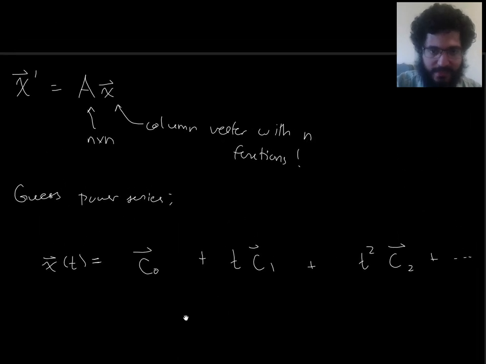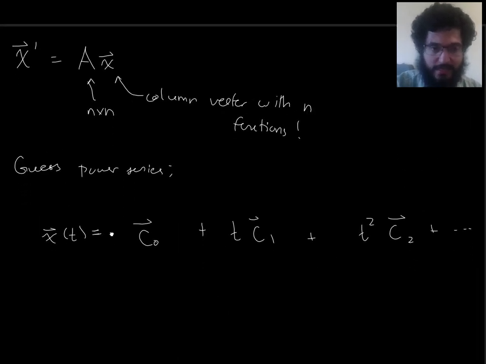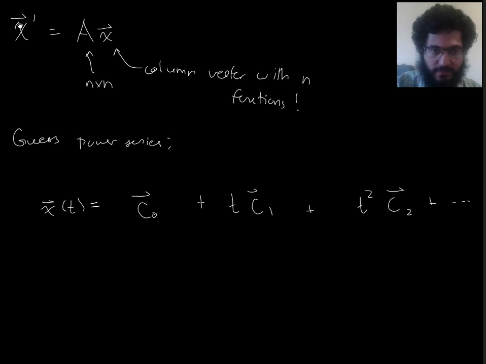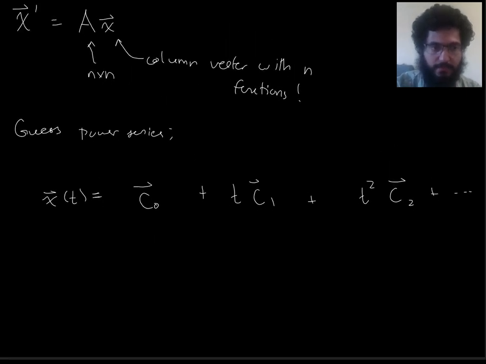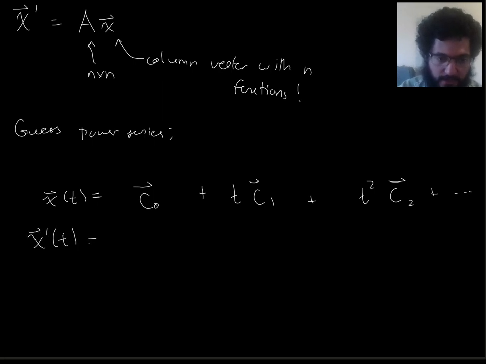So there's our guess. Now let's plug in the guess. So I need to take the derivative of this, plug it into the left side, and then apply A to this and put that on the right side, and then set them equal. So for the derivative, if it's a wonderful convergent power series, then the derivative of this constant will be 0 across the board.